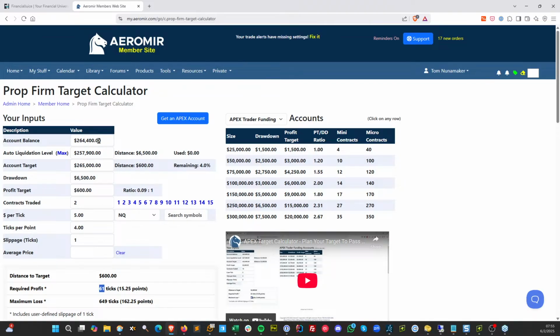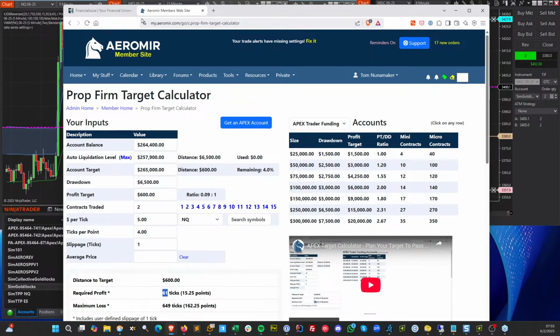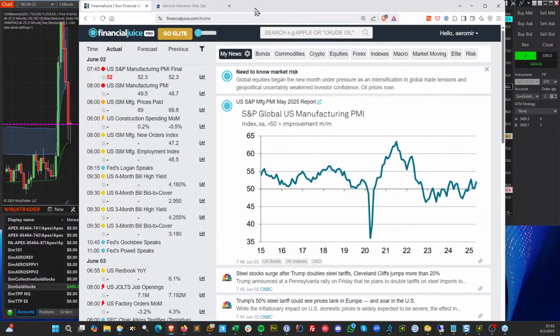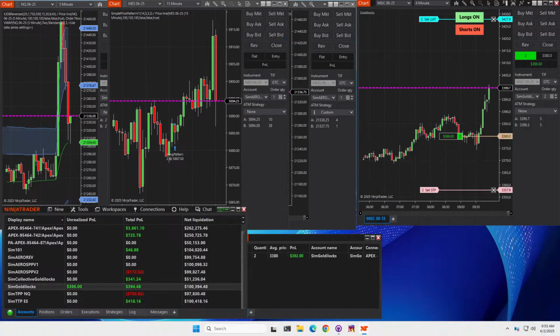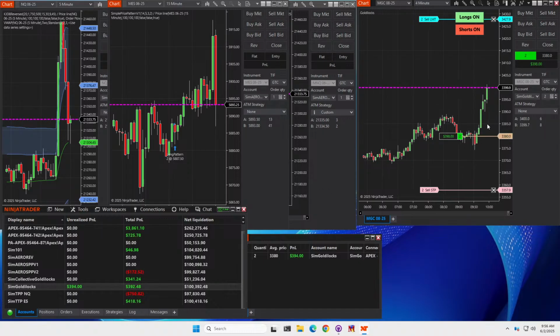So that's how I use this. So normally when I pass, I just get right over, like here, 265. But anyway, that's here. So here's Financial Juice. We have 5 minutes to the report, so I'm not gonna put any trades on right now. Now Goldilocks, this is a longer term thing.